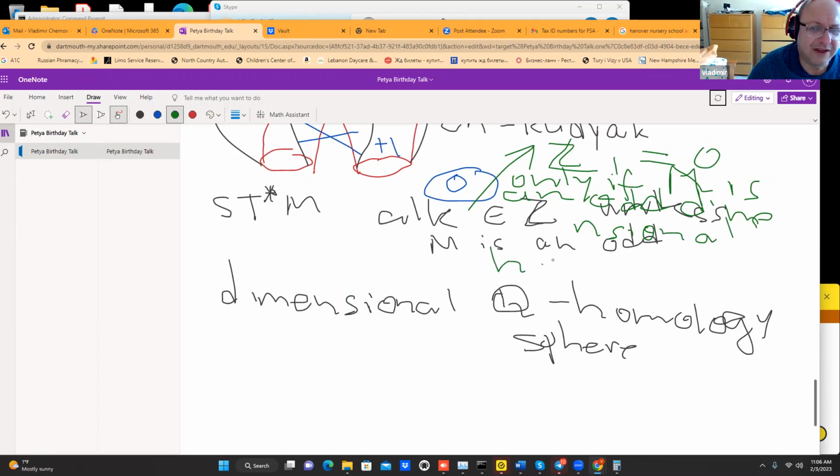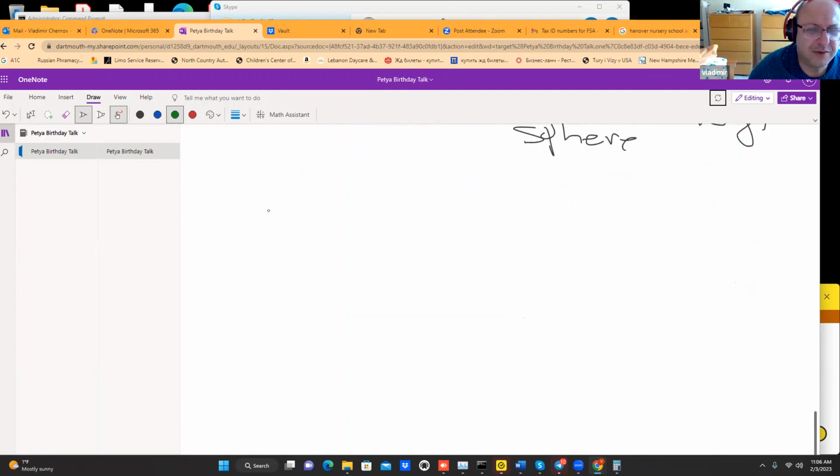So we define this linking number. What is the physical interpretation of this number? Assume that I have two causally unrelated points, for example, on the same Cauchy surface.